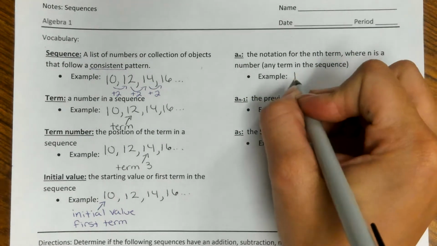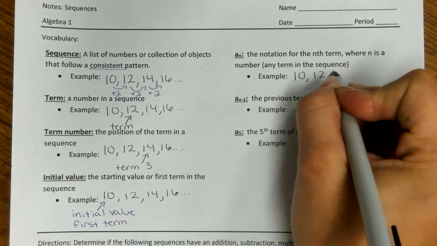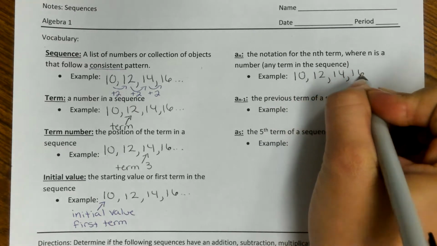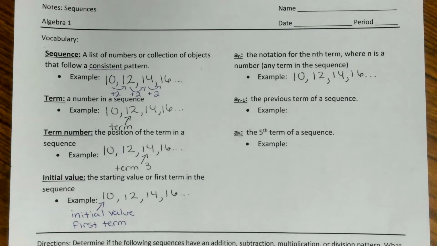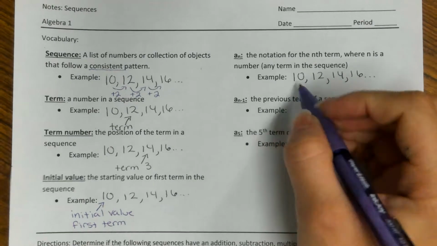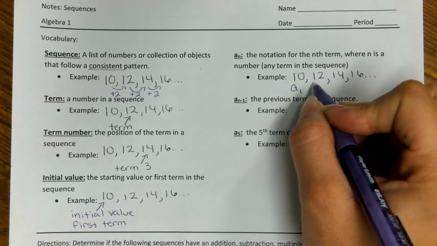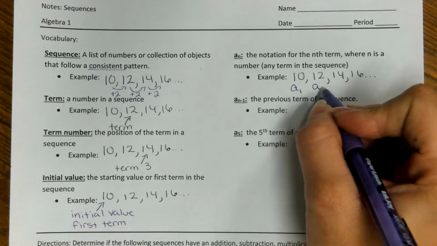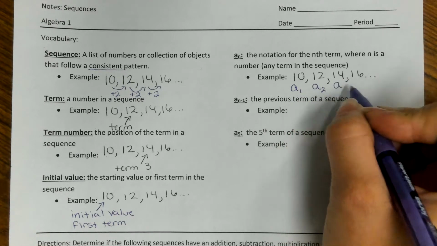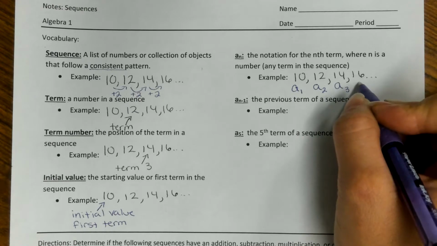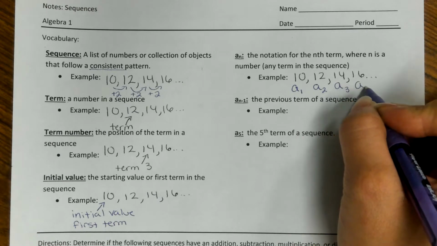Okay, so if we have 10, 12, 14, 16, then 10 is our first term, so that would be a sub 1. 12 is our second term. 14 is our third term. And 16 is our fourth term.